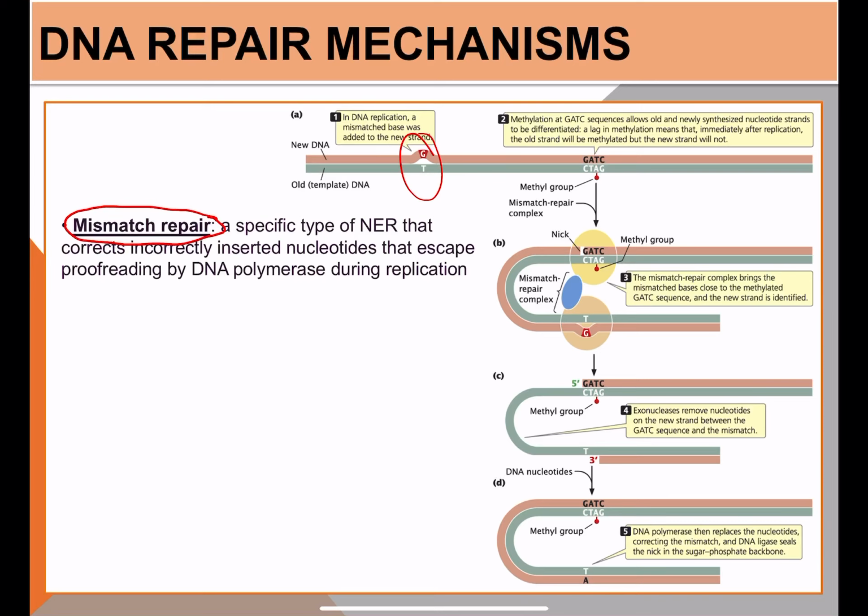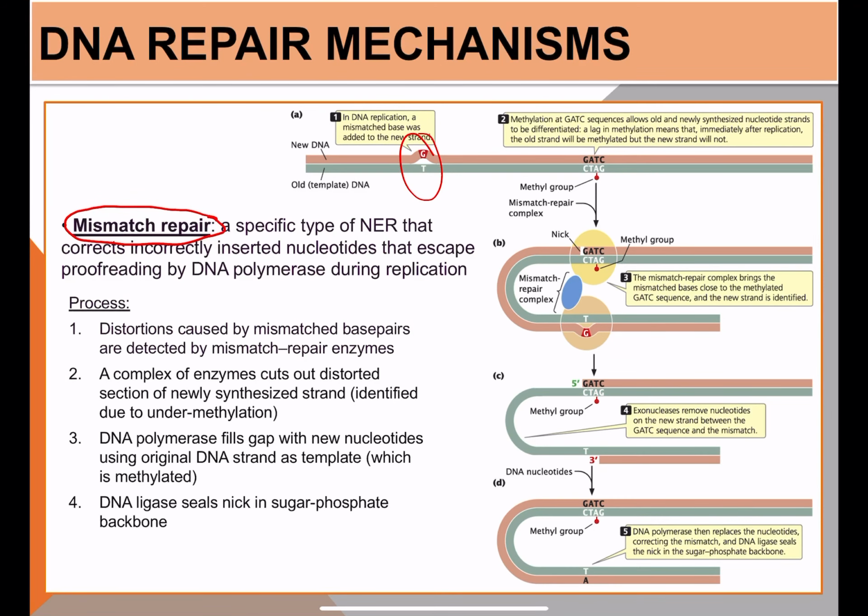So here comes a second repair, mismatch repair, that's going to try to fix this error. This particular distortion is going to be recognized by your mismatch repair enzymes. These enzymes will then form a complex that will cut out your distorted region of the newly synthesized strand.